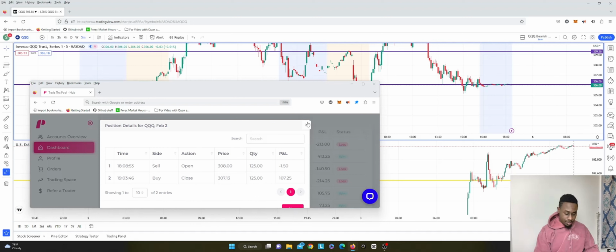However, let me see where my stop loss was. So I had a stop order at 308, and my stop loss doesn't even look like my stop. My stop loss was at 312. Okay, so my stop loss was that amount. Okay, that's why.